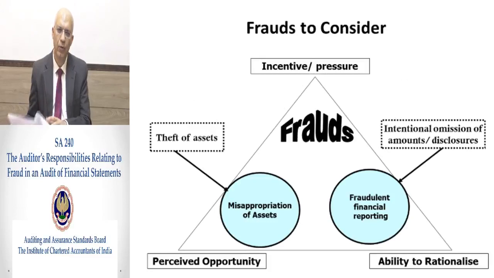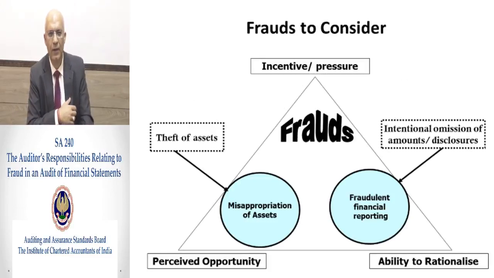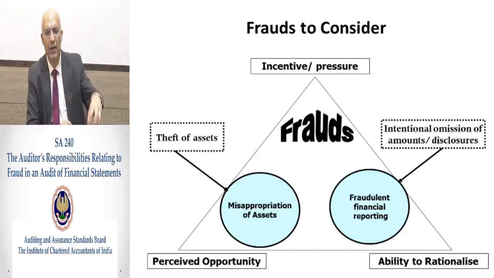So before we go on to understanding fraud, it's also important to understand the fraud triangle. These are some of the fraud risk factors of the fraud triangle. There's always some incentive or pressure, depending on whether it's the employees or the management, to commit a fraud. There is an opportunity, and then there is an ability to rationalize also. So what is fraud?